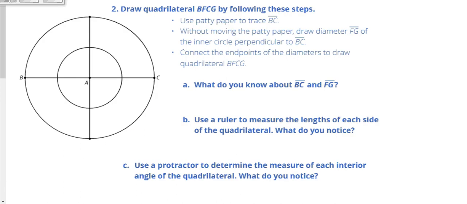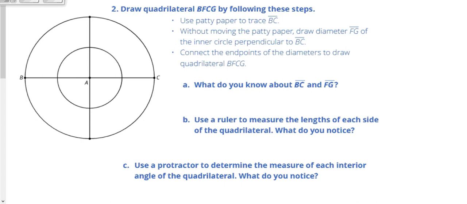Okay, next page. We're now on page 130. We need to draw a quadrilateral. Again, they talk to us about B, F, C, G, and tell us to use this patty paper and all this sort of stuff. Well, we kind of already have the diameters of the larger circle and the smaller circle already drawn.